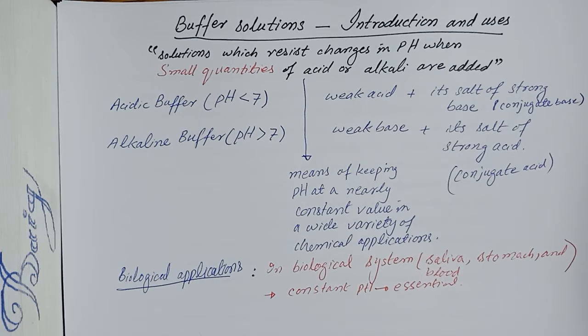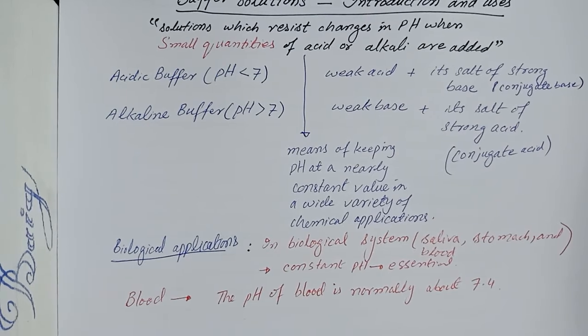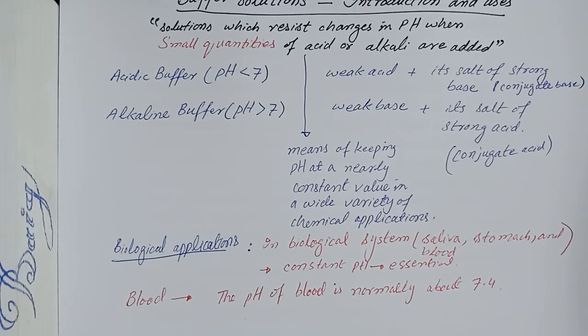So now let's consider the example of blood, and how the pH of the blood is maintained. The pH of blood is normally about 7.4.